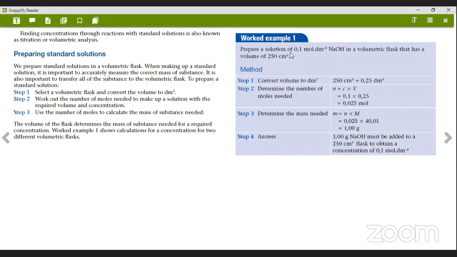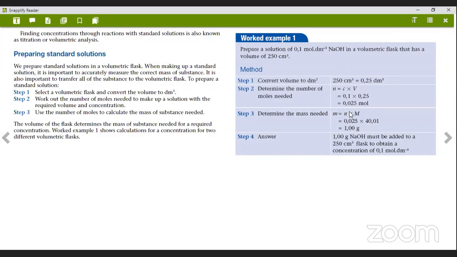Because this is already the solution. This is basically the answer. So here we're working back from the answer to where it started. They want 0.1 mole per dm cubed, so they want to know how much NaOH we are going to need to achieve this result.